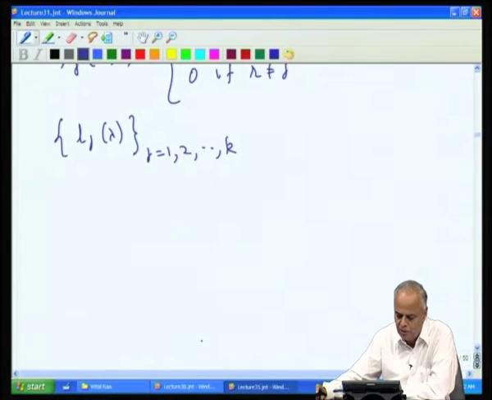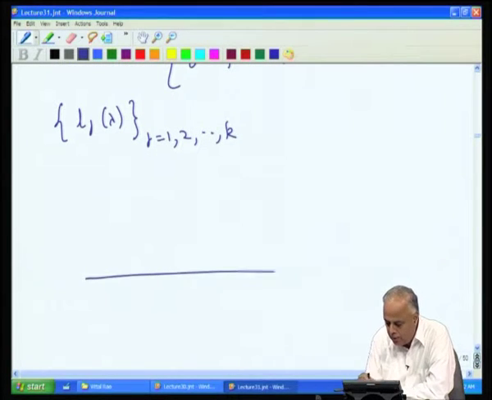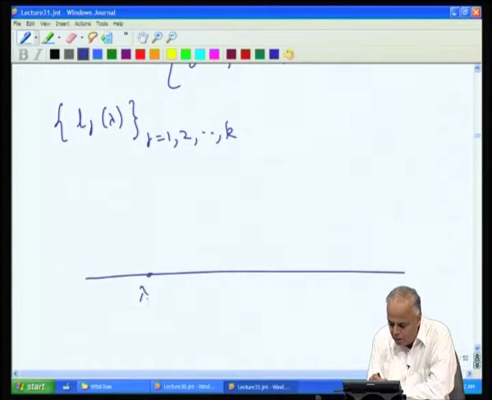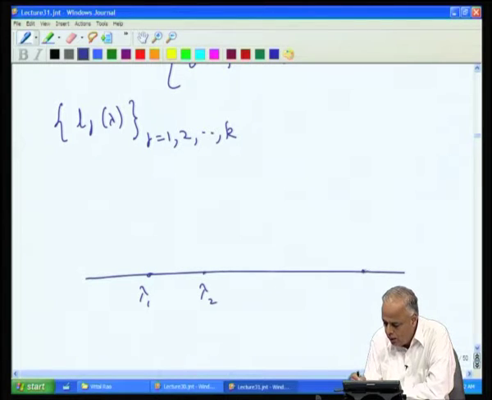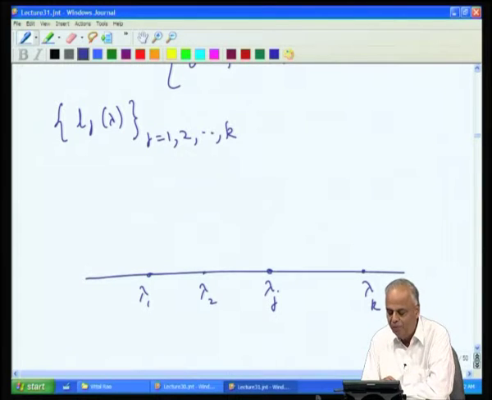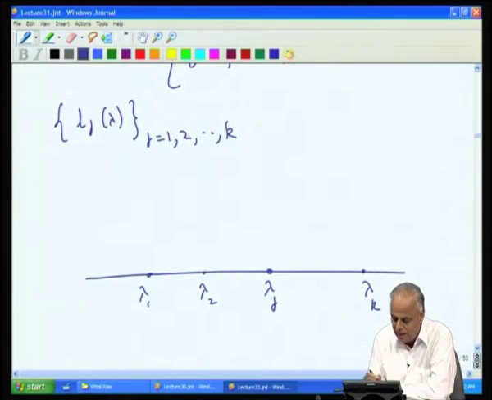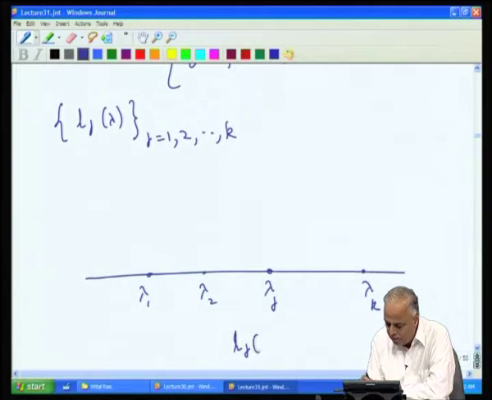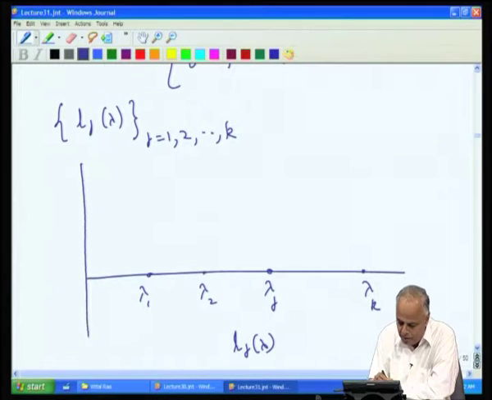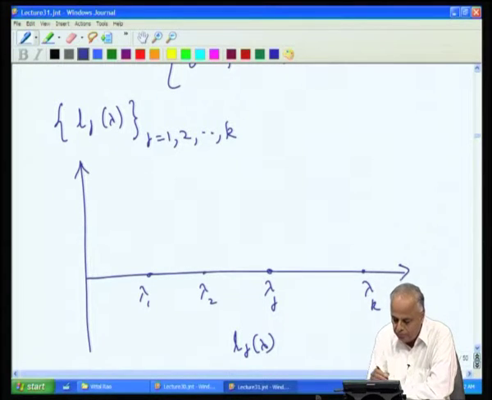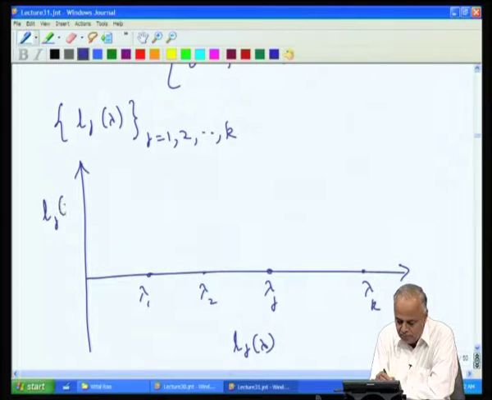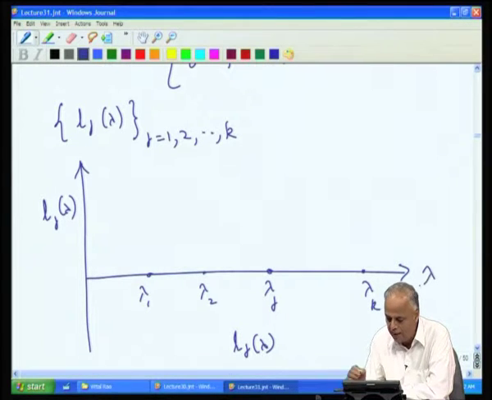So, if you just loosely plot, assuming that lambda 1, lambda 2, up to lambda k were all real numbers, and we plot this L j, let us say we plot L j of lambda along the y axis, and this is the lambda axis.